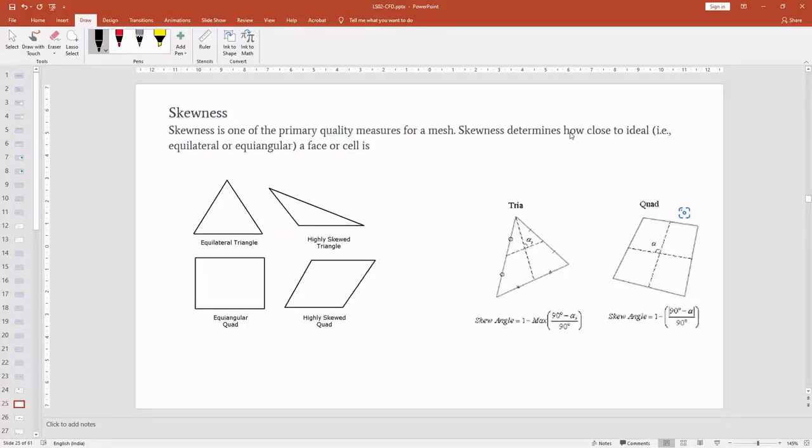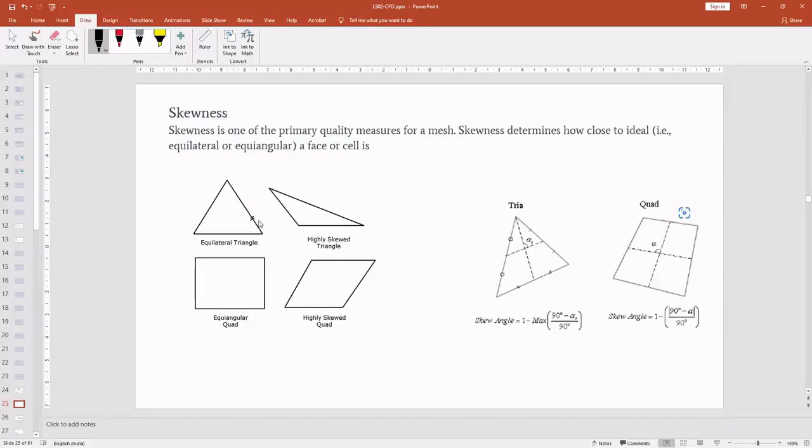Similar one is skewness. Skewness is one of the quality measures for a mesh, where we will be comparing our elements to the regular elements, regular geometry. So suppose we intend to discretize our domain with triangular elements, then the regular or equilateral triangle will become the standard.